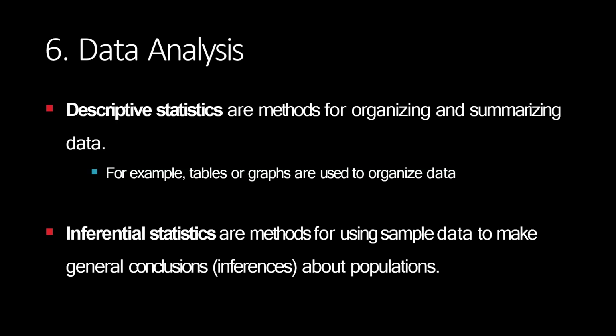Just by analyzing the sample data, you conclude that, okay, the whole population is not going towards this trend, or the whole population is not following this particular attribute. Whatever you want to conclude, you can go with that. So these are the two types: descriptive statistical analysis and inferential statistical analysis.